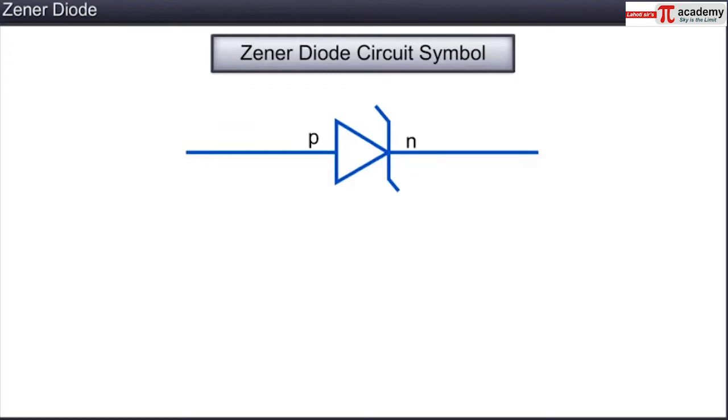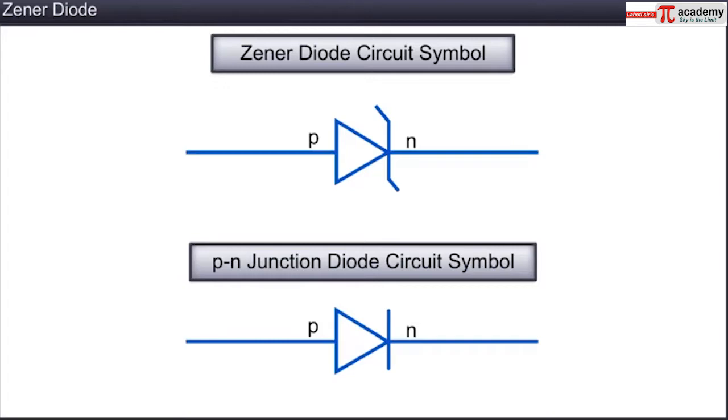Although it is similar to that of a PN junction diode, the major difference is that the two small projections in opposite directions are added to the line on the N side of the PN junction circuit symbol. The pointed edge of the triangle indicates the N side of the diode, and the base of the triangle indicates its P side.